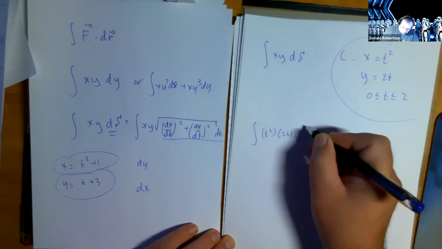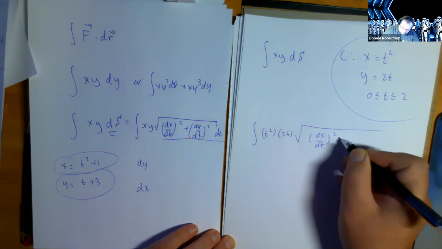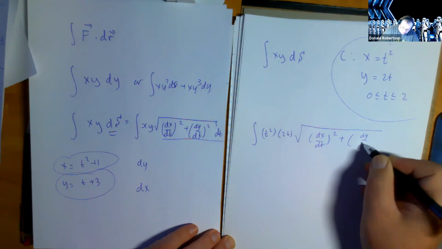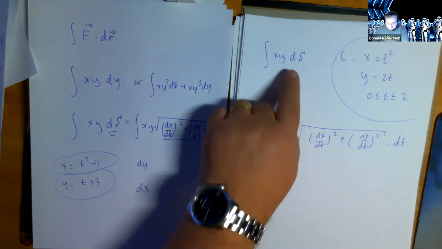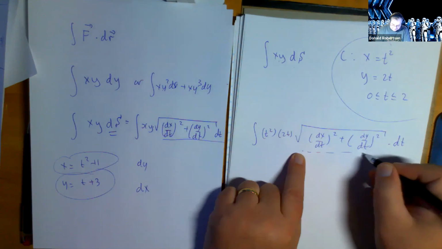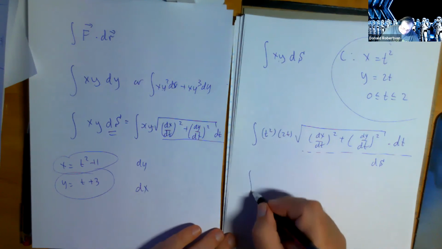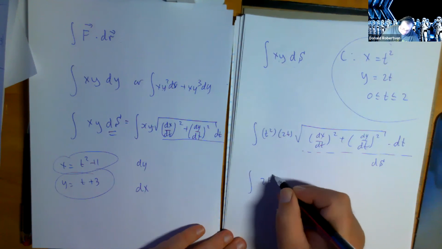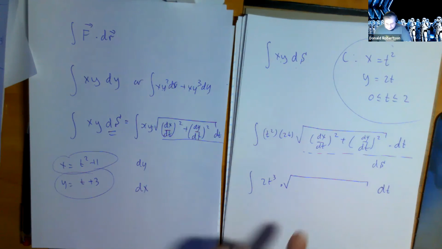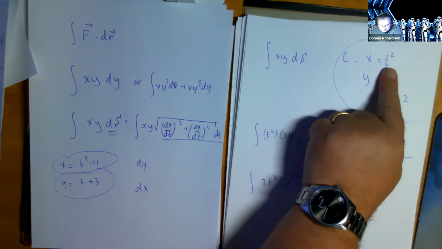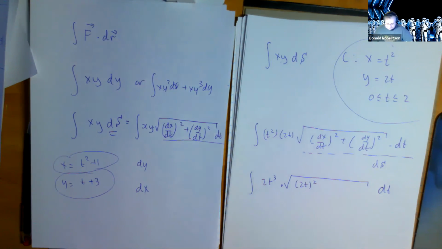The ds is going to become the square root of that guy squared plus that guy squared dt. So this is basically what ds is. Now let's see what we have. That times that is 2t cubed, square root of, right, if you want to get dx by dt, don't you differentiate this and you get 2t, and then you square it.